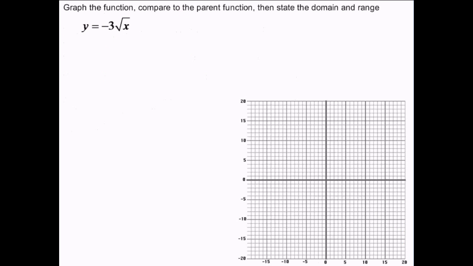Okay. Negative 4, I'm going to start at 0, 0, and I'm going to go through 1, negative 4. So it's going to be even taller, like that. Okay. Plus 1 on the outside, so we move up 1. So we start at 1 instead of at 0.